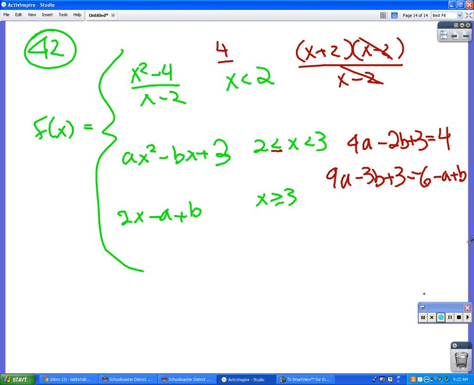Okay, we clean this up a little bit first. How do you want to mess with that? Add an A. Okay, so let's get all the A's and the B's on the left and all the numbers on the right. If I add A to both sides, that'll give me 10A because I'm adding.